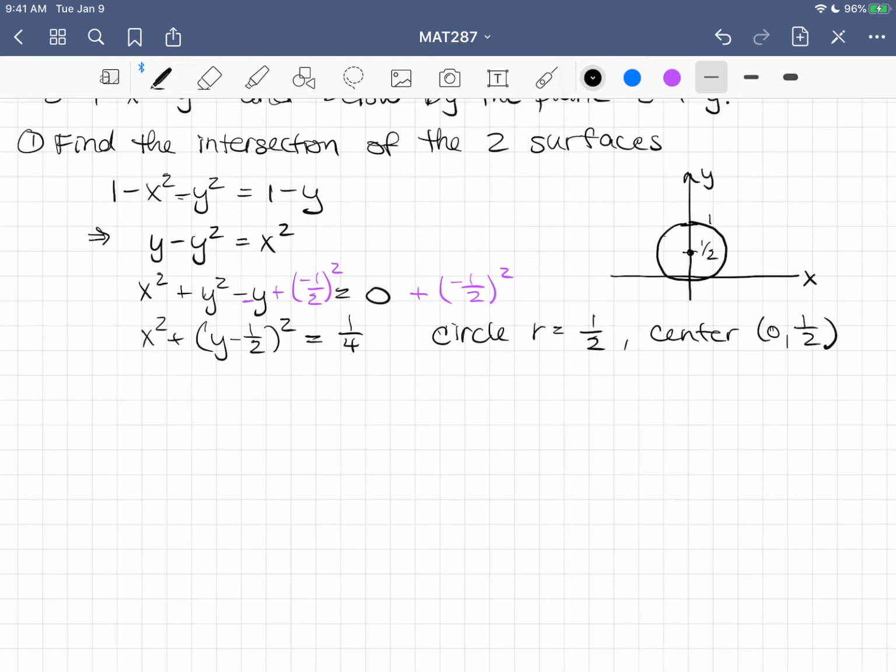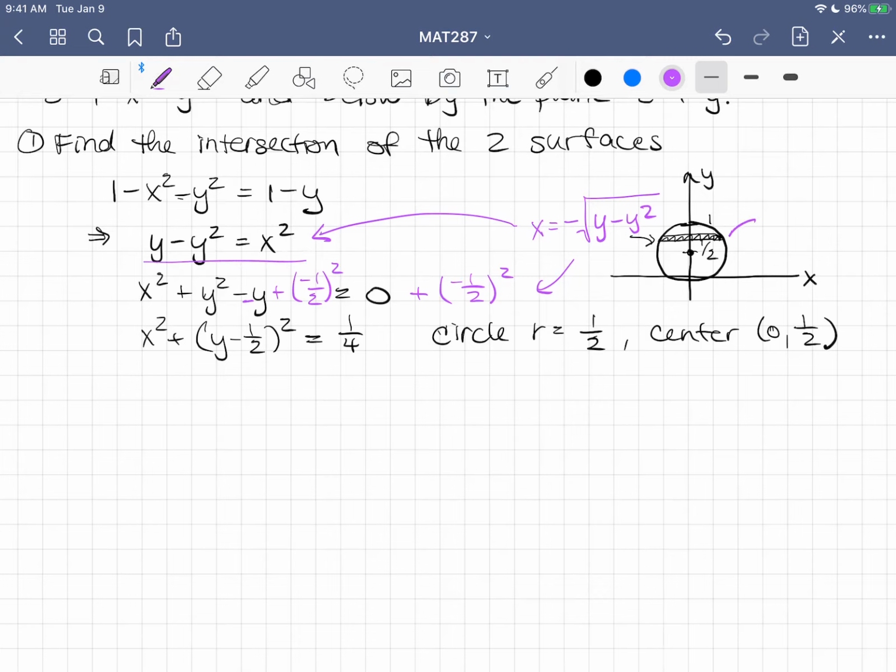Let's integrate using a horizontally simple region. Okay, so I want to think about how x changes as I take horizontal slices. Well, x goes from the left half of the circle to the right half of the circle. So on the left, this is x equals negative square root of y minus y squared. Now, you may not see that immediately from this equation, but you can see it here from the equation on the top.